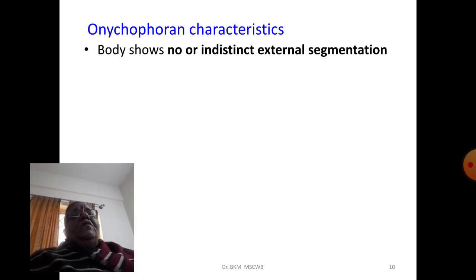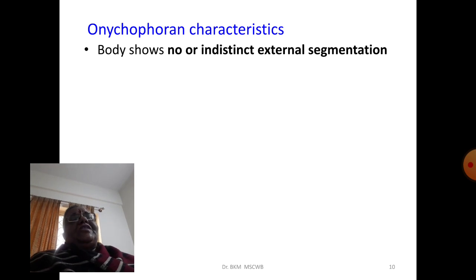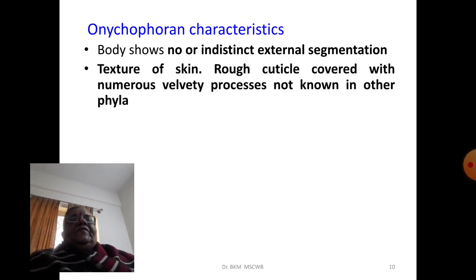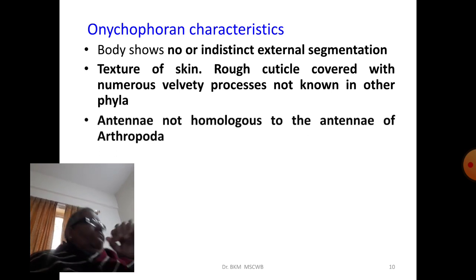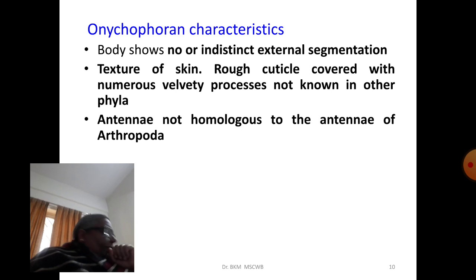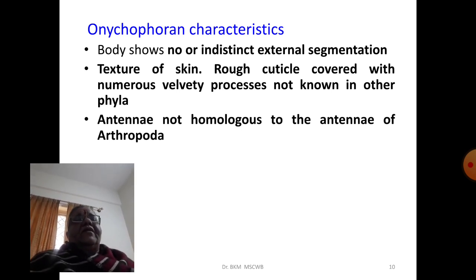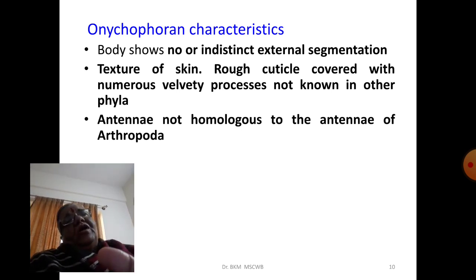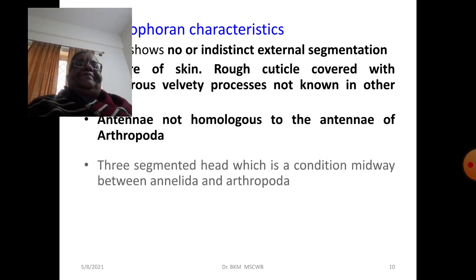Body shows no or indistinct external segmentation. Then the texture of the skin: rough cuticle covered with numerous velvety processes, which is not seen in other phyla. This you can see when you come to practical classes, when you see the animal, of course, fixed in formalin. Antennae are not homologous to the antennae of arthropoda, though you find antennae.